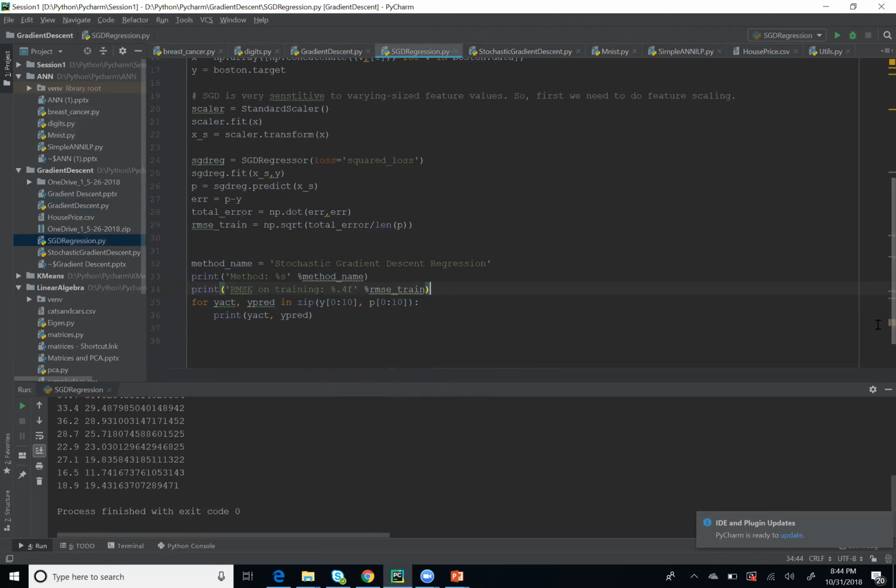We'll do TensorFlow next class, and then random forest. So we'll do three concepts next class: bagging, boosting, and random forest.